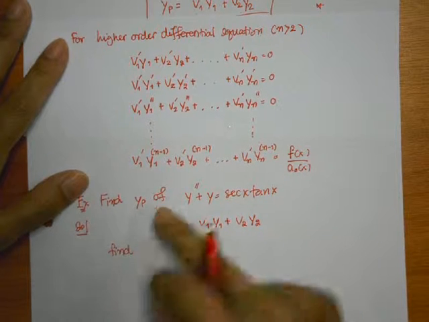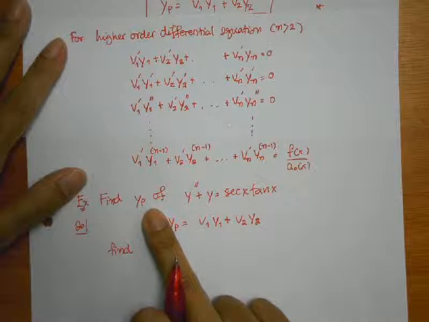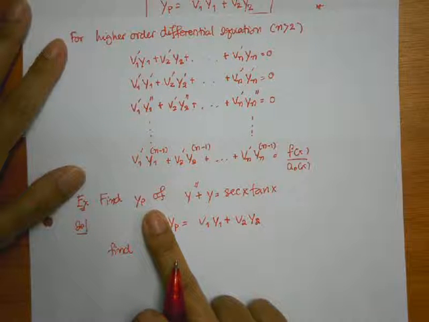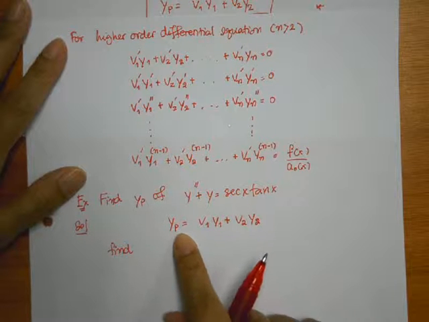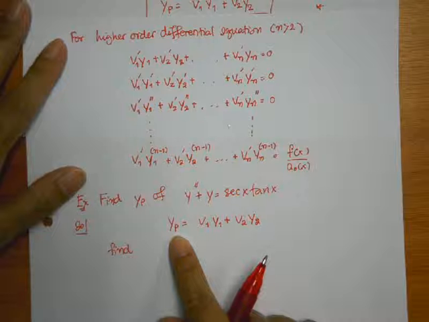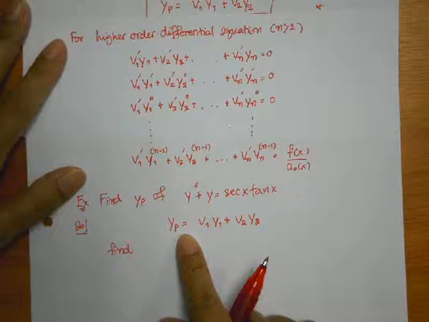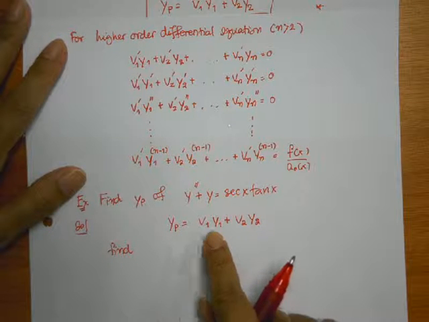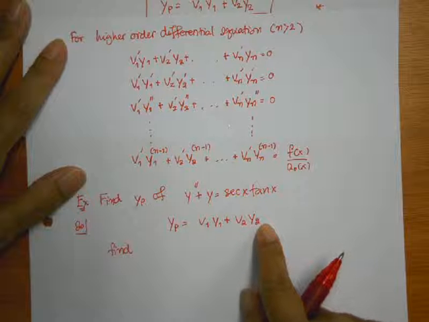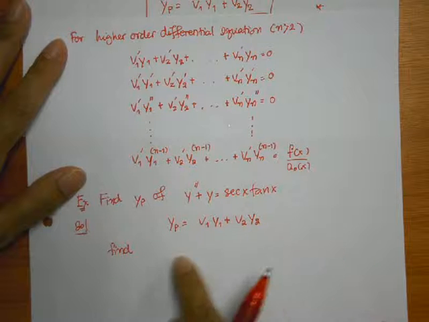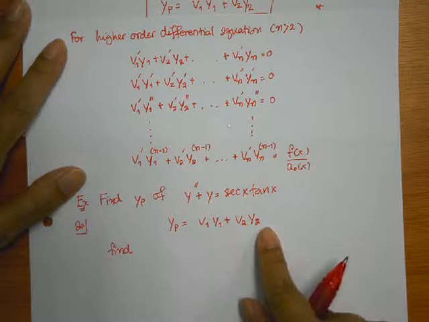Although the problem itself didn't ask you to find yc, with this method you need yc because you want to know the functions inside your yc in order to put them into your yp. Because in yp you have y1 and y2. If you don't find yc, you don't know what y1 and y2 are.